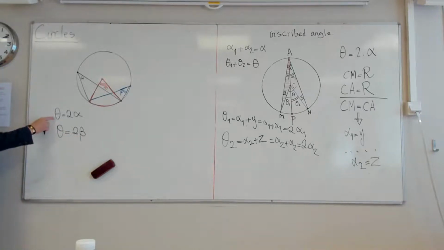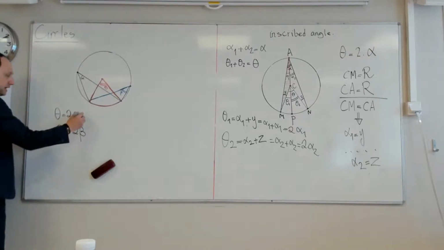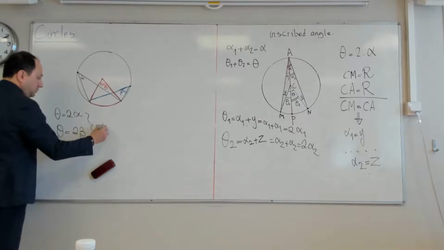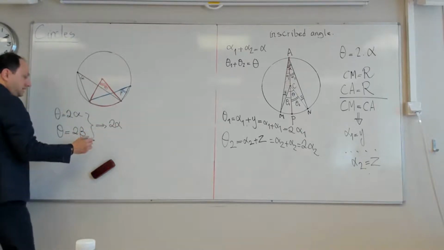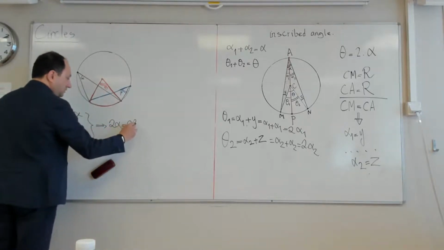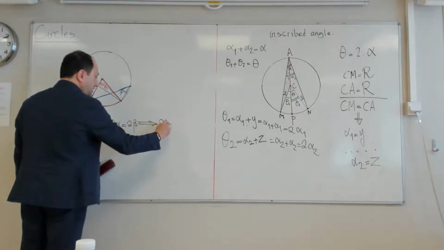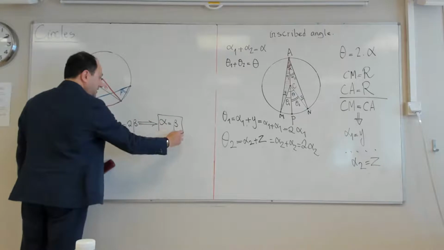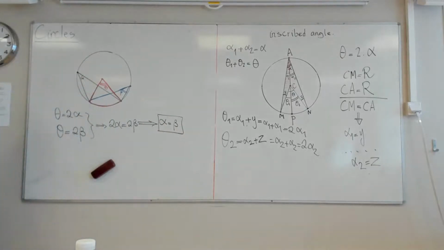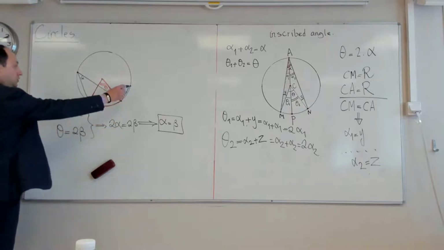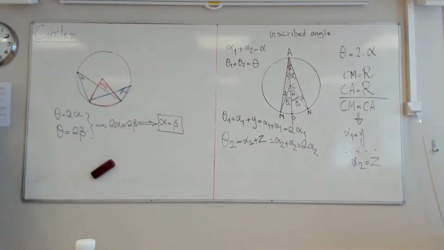On the one hand, theta is equal to 2 alpha. On the other hand, theta is equal to 2 beta. What does it mean? It means 2 alpha is equal to 2 beta. And now I divide both sides by 2, I get alpha is equal to beta, and that is what we were claiming. So it's a very nice property, it doesn't matter where you choose this point.